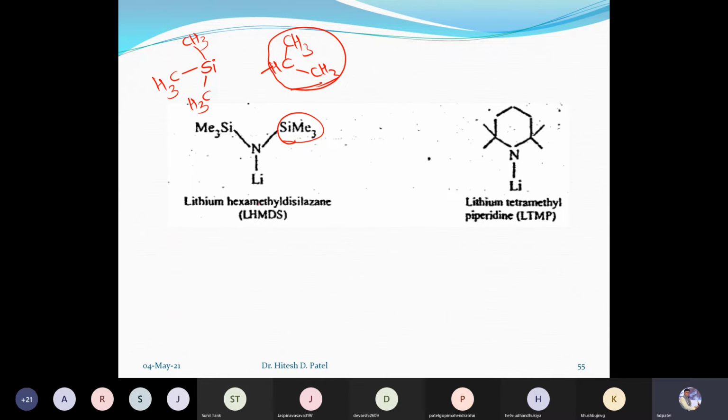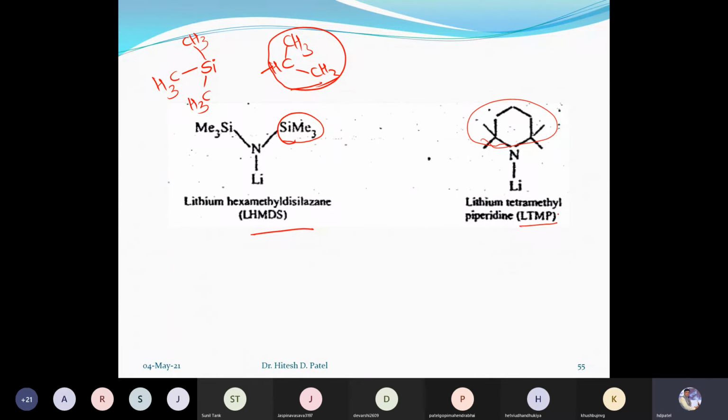Its name is lithium hexamethyldisilazane, or LHMDS. In the same way, instead of only the isopropyl group, we can use a cyclic compound also, so a more sterically hindered base can be prepared. Its name is LDA.mp.